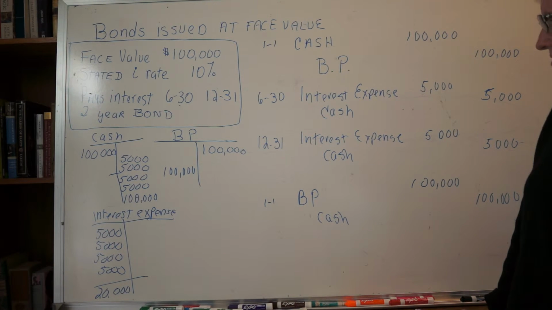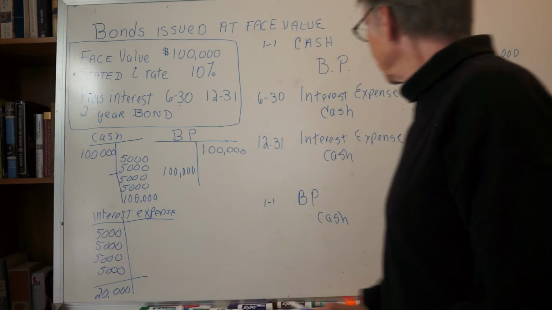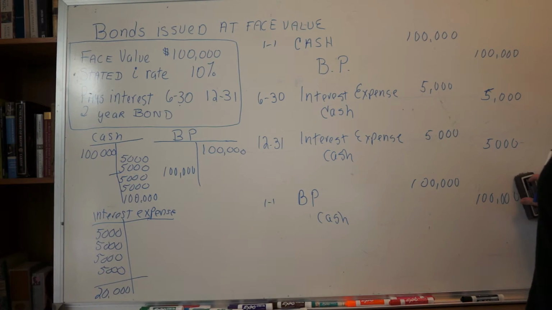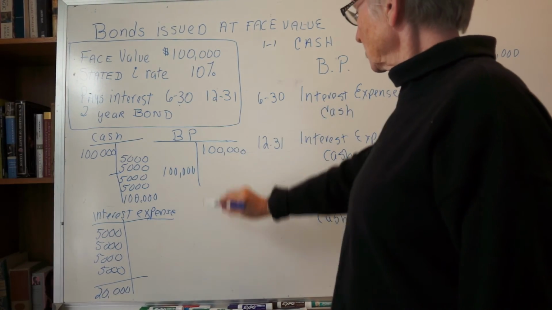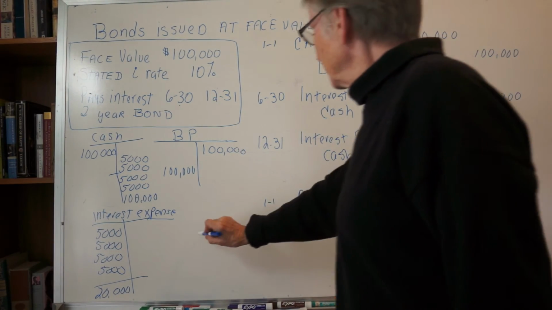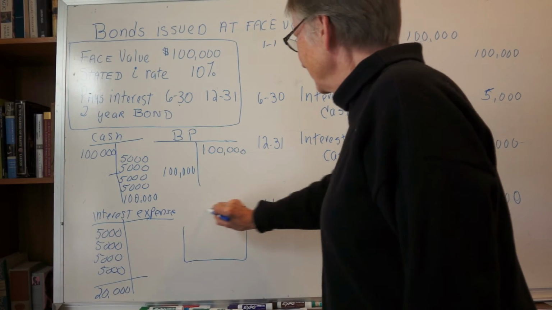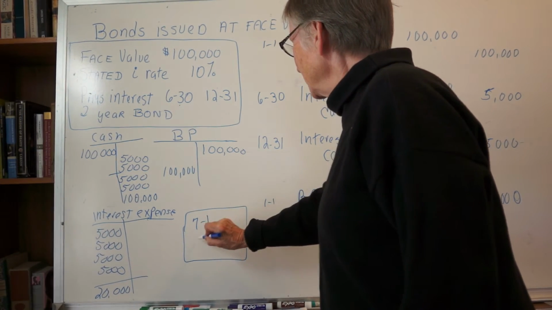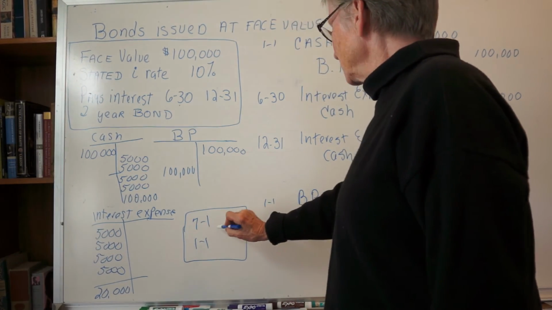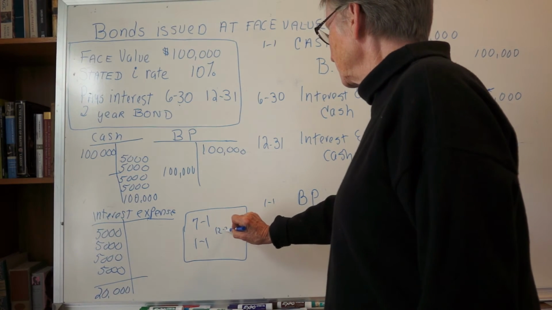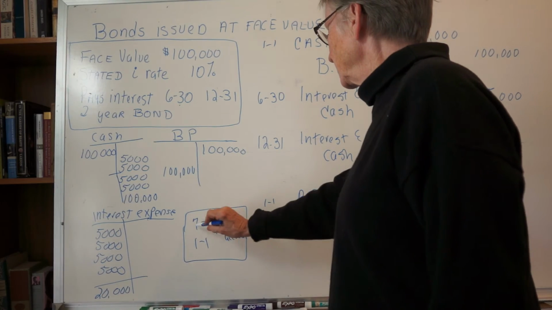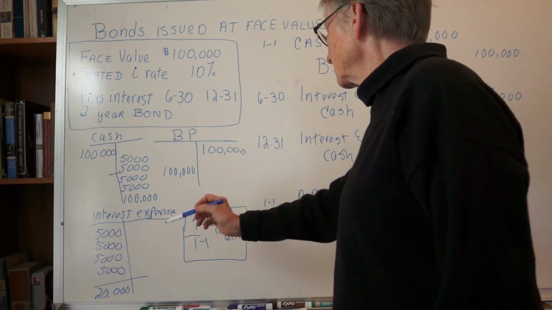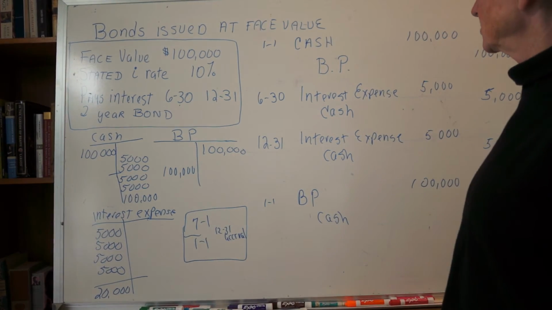The only complicating factor that you run into that might change this up a little bit is a lot of times the bonds will pay interest instead of 6/30 and 12/31. They'll pay interest on 7/1 and 1/1. And that means that we have to do a 12/31 accrual of that interest. Okay, when it's 7/1 and 1/1, because you've crossed accounting periods.